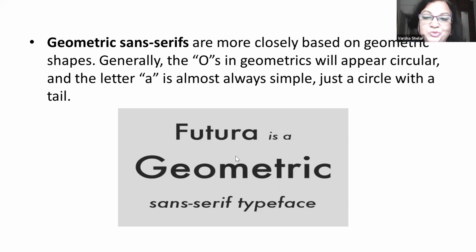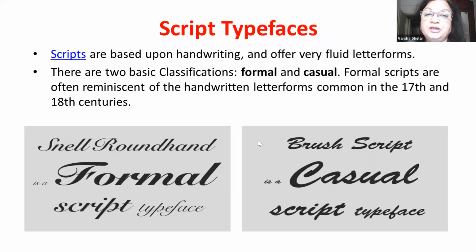You don't have to put in much effort. But when you're making a decision, try to understand the nuances and particular alphabets, how they look, whether they go well with the content you are trying to design. That should determine your decision.